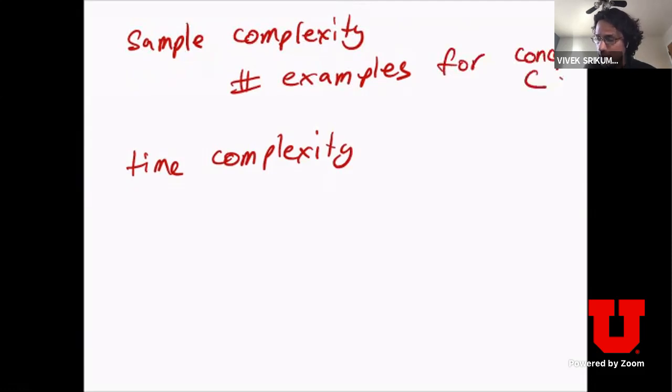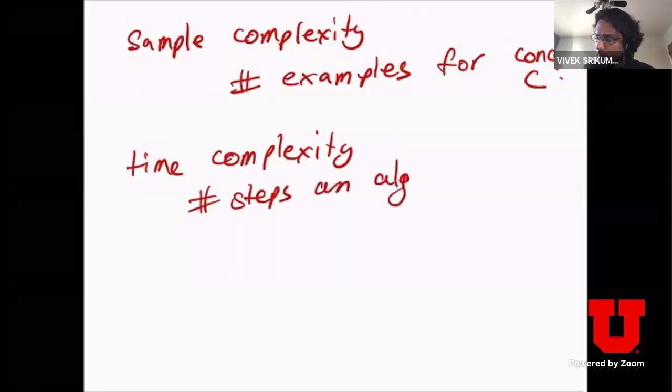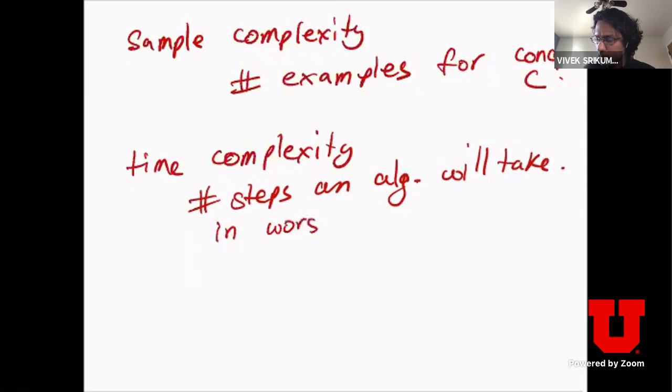Time complexity is the number of steps an algorithm takes in the worst case. So we can think about this in two ways.